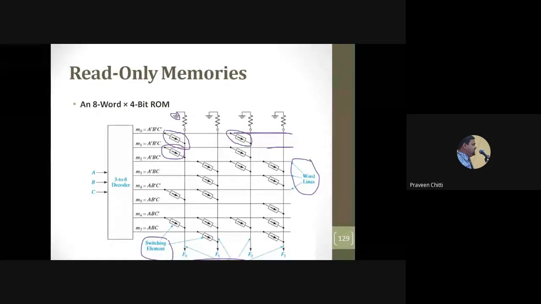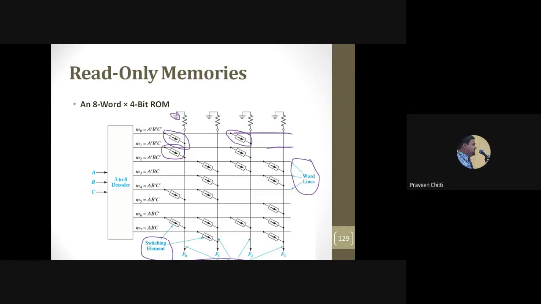Can anybody tell me what is F0, what is F1, what is F2, what is F3? Right, you can tell the answer in terms of SOP form or canonical SOP form also, you can tell very easily here. What is F0? Yes, Sia, can you tell me? Sir, I did not get it.